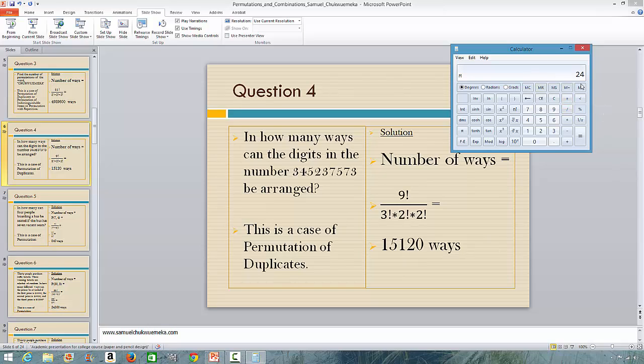But if we are starting on a new problem, then we have to first remove the memory, then press M plus to save the new memory. Then we do 9 factorial divided by recall memory, which is 15120.